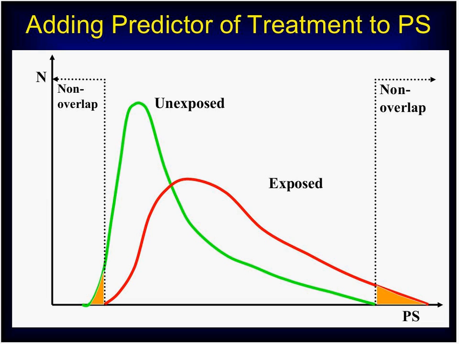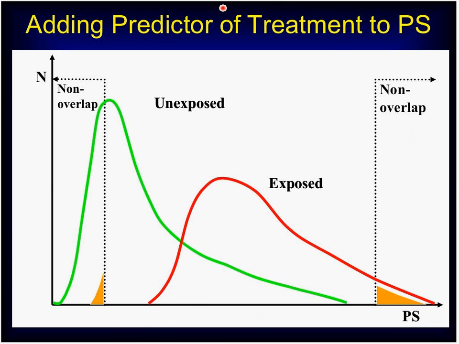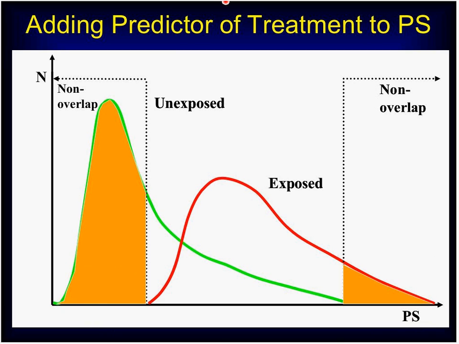the treatment. So this is just a purely hypothetical example starting from the same non-overlap regions that we had before. And what happens if I add a predictor of treatment to the propensity score model is the curves will be more separated, and I will end up with way larger non-overlap regions.